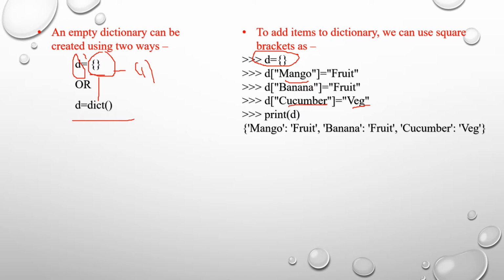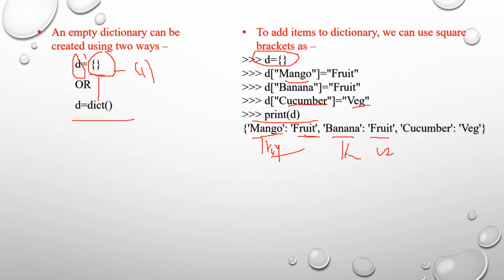If you print d, the Python interpreter will print mango, followed by fruit. Here mango is the key and fruit is the value. This is one set of data, and the next set is banana and fruit, where banana is the key and fruit is the value.